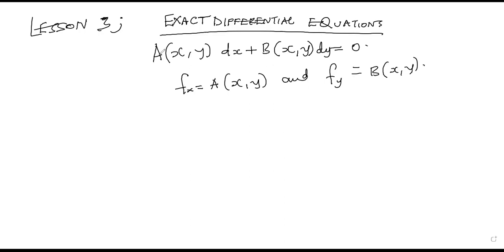We are just aiming at what the form is: f_x is the first part, A, and f_y is the part B.